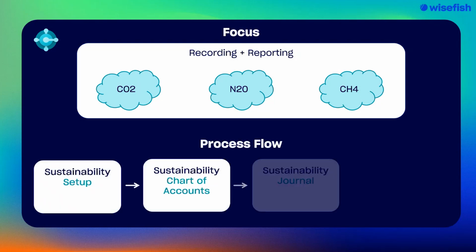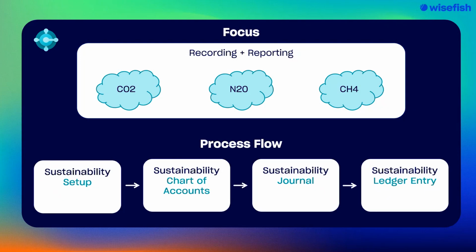I'm going to start by giving a brief overview of how it is set up. The sustainability feature functions very similarly to the pre-existing chart of financial accounts, but instead of tracking financial cost, it tracks environmental data. There's a setup page, a sustainability chart of accounts, a journal, and a ledger entry.